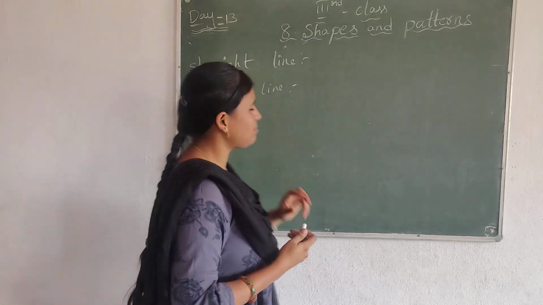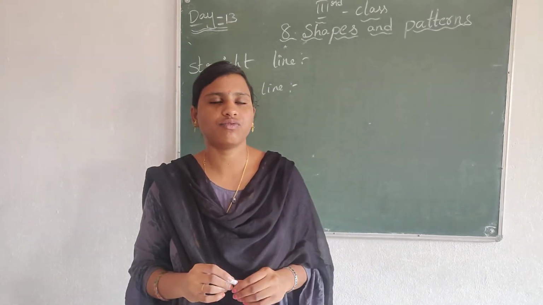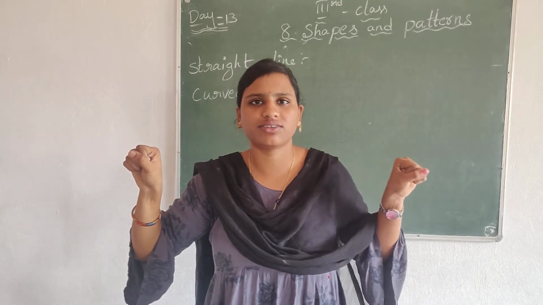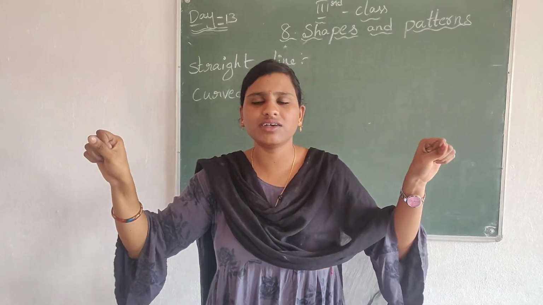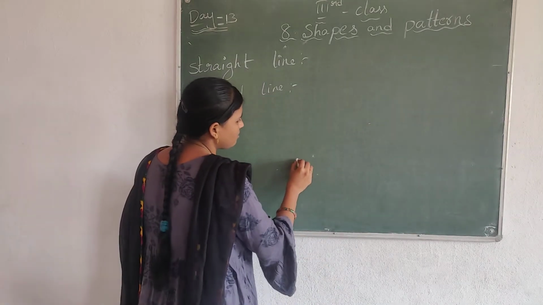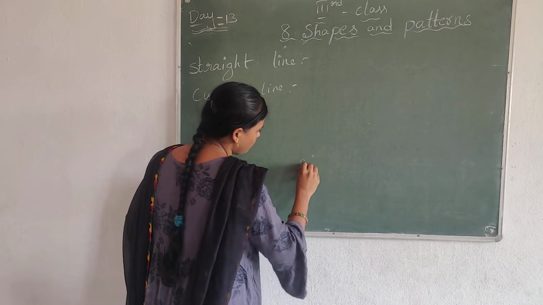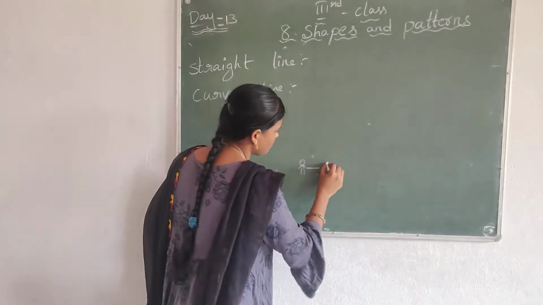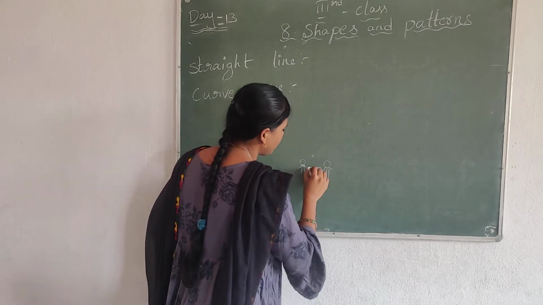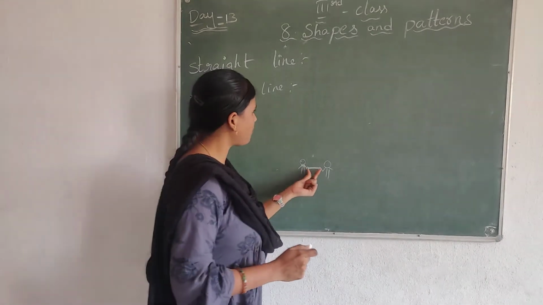Straight line means, for example, take a thread and hold the thread tightly. You will see the straight line. If you hold it tightly, you will get a tight and straight line.